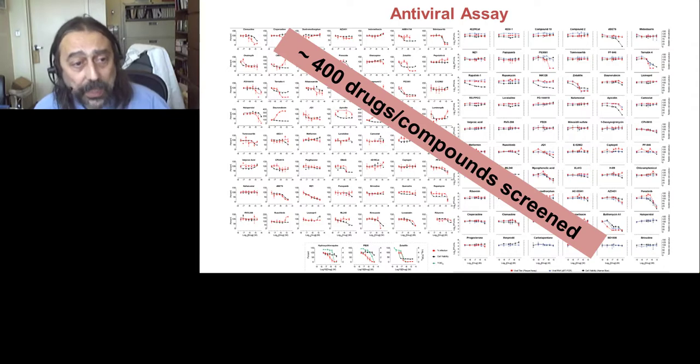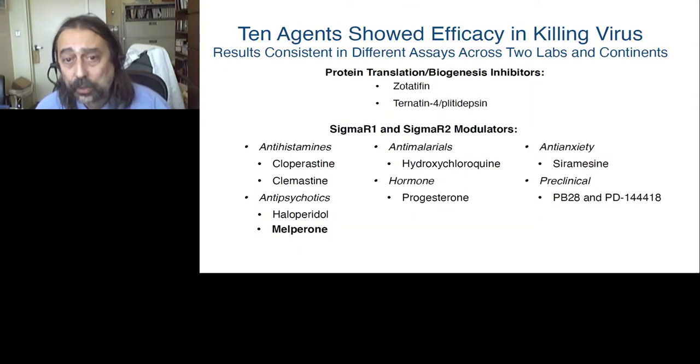Now, in the first study that we did, which was on the interactome, we found 10 agents that showed good efficacy in killing viruses. We get the same results as the results that they get with the same drugs at the Institut Pasteur of Paris.